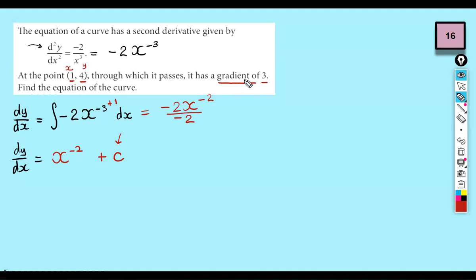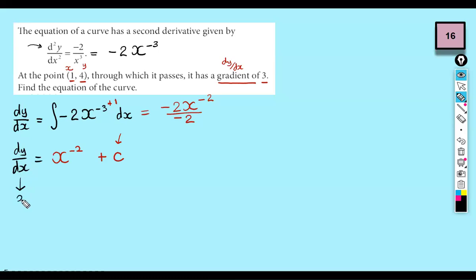Now, I told you all at the beginning of differentiation, gradient and dy dx is the same thing. So when x is 1, dy dx is 3, giving us a real easy way to solve for c.